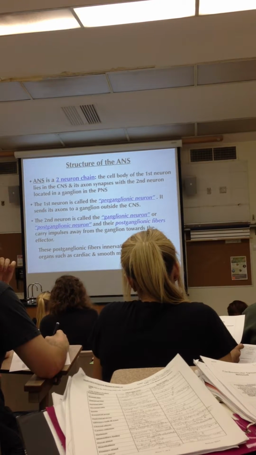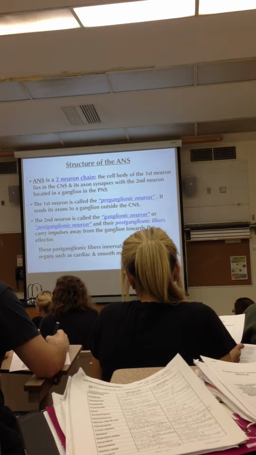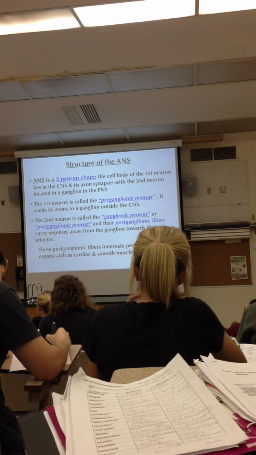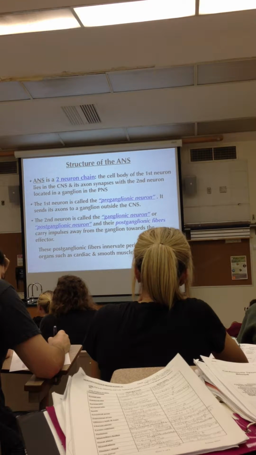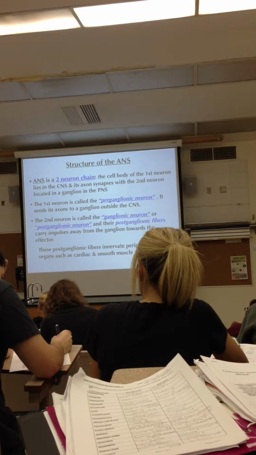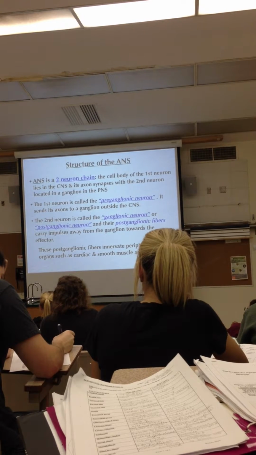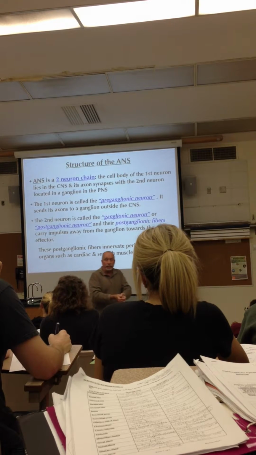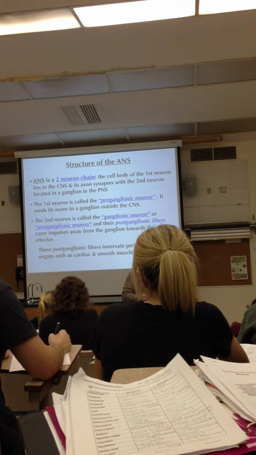Its axon comes out through the ventral root. Okay? That's the first neuron. It's got a synapse then with a second neuron. And that synapse is outside of the central nervous system. And remember, when you have a collection of cell bodies and dendrites where they synapse, it's called what in the peripheral nervous system?